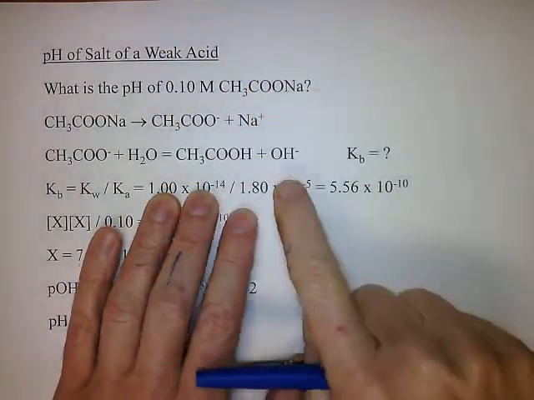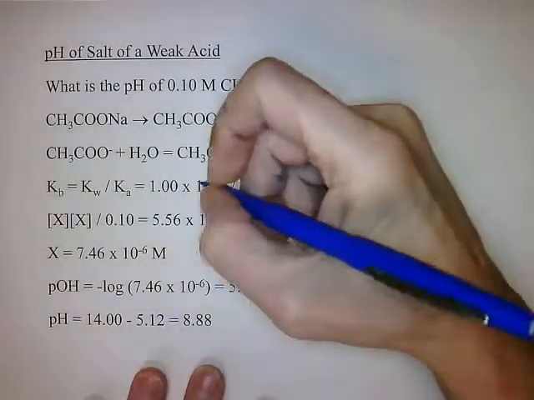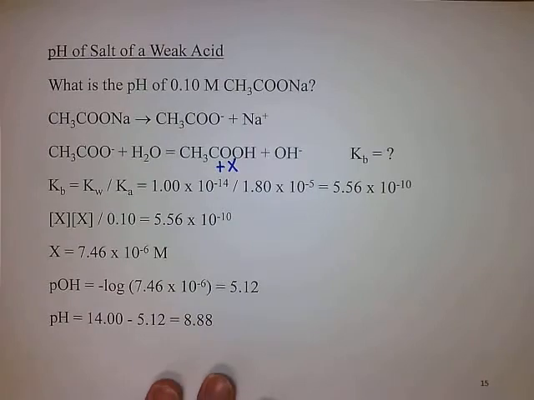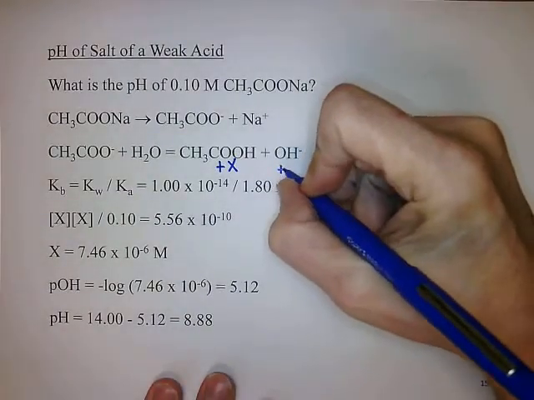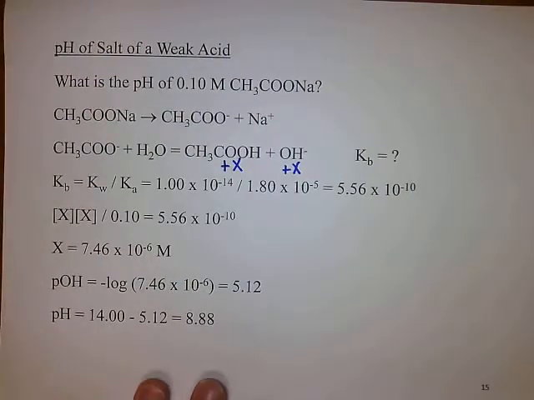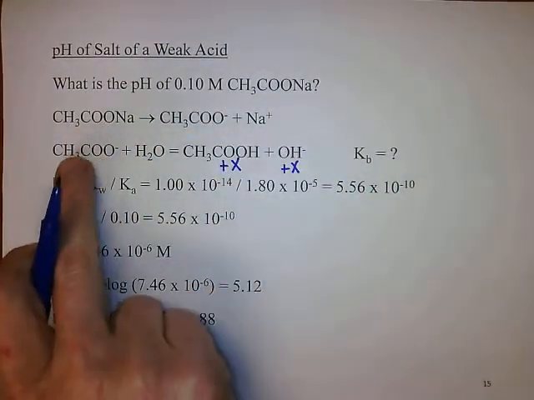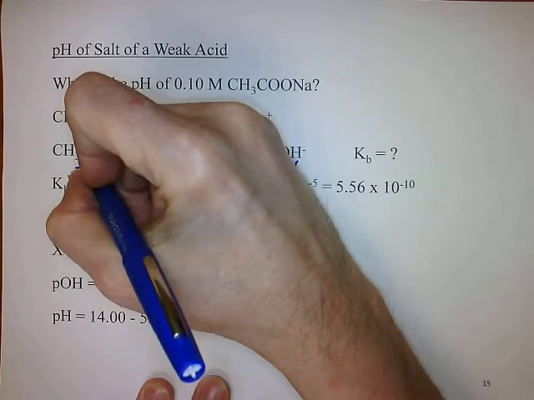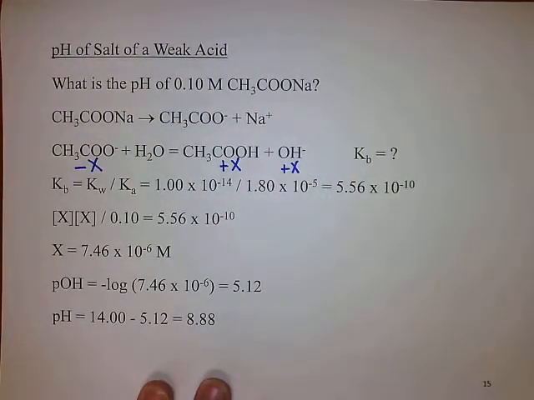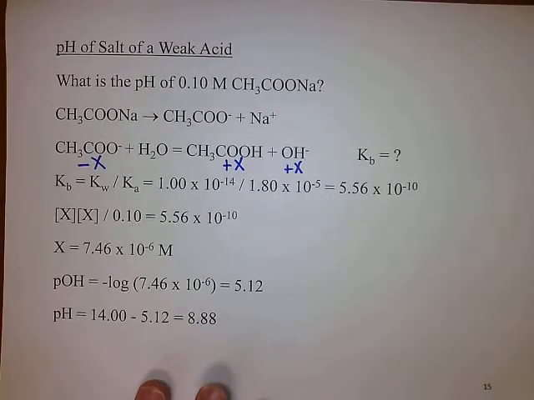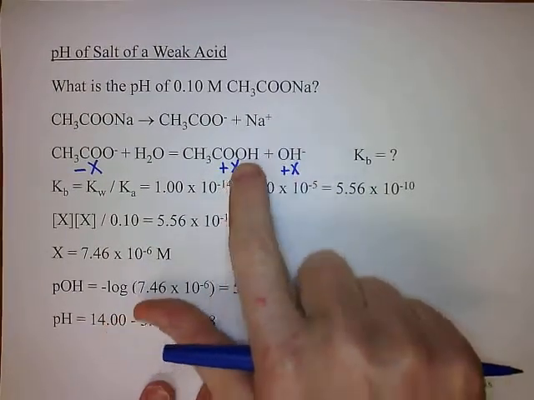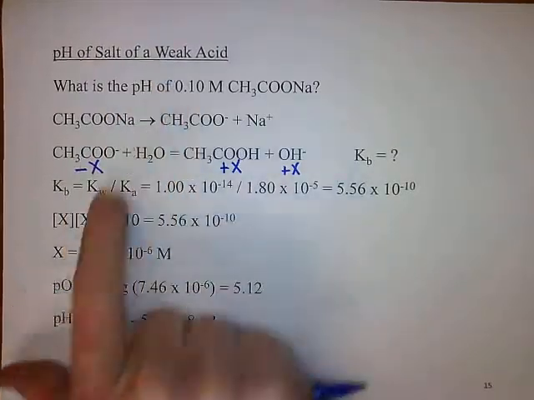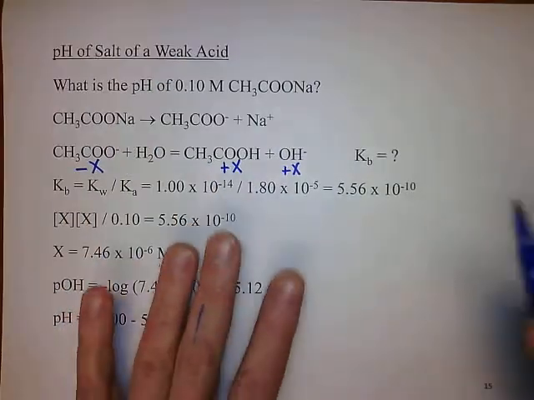So these will go up by X. We're going to form X moles of acetic acid and X moles of hydroxide, and the concentration of the acetate will go down by X. So the equation that ultimately we're going to solve will be X squared over the concentration, which was 0.1, is equal to the equilibrium constant.